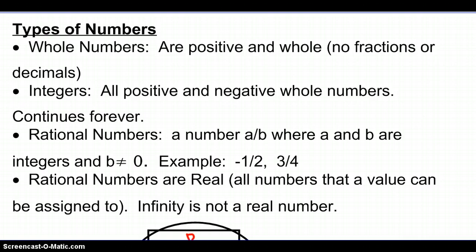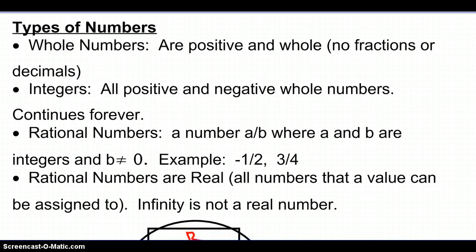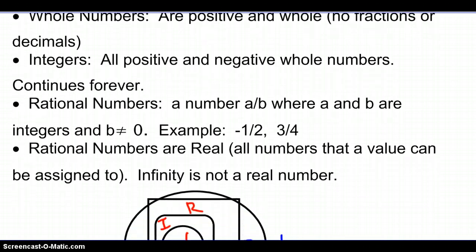All numbers that a value can be assigned to are considered real numbers. So for example, infinity is not a real number because we can't set a number to represent that symbol. We will work with whole numbers, integers, rational numbers, and real numbers in algebra; we certainly do not work with numbers that are not real.